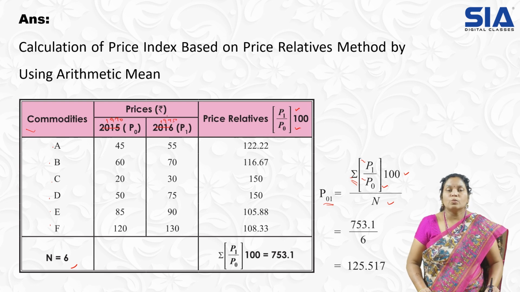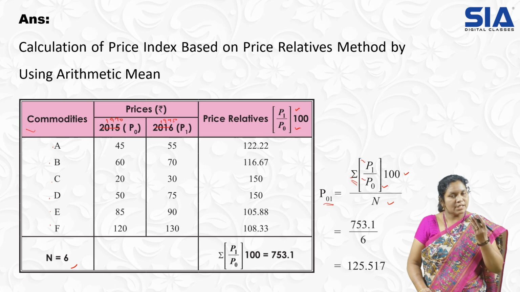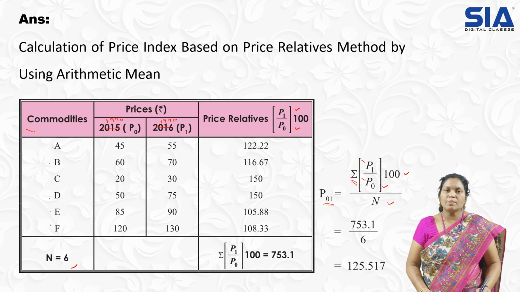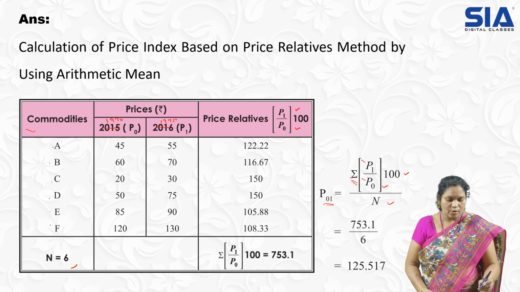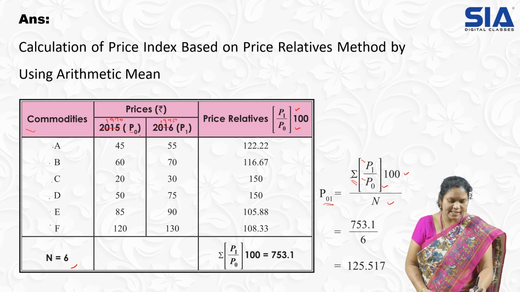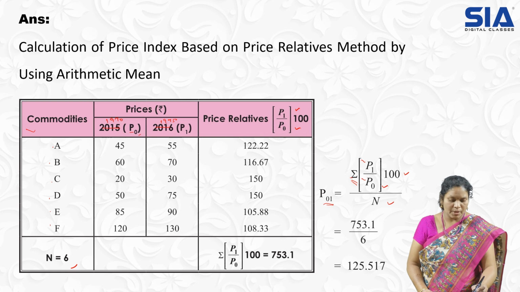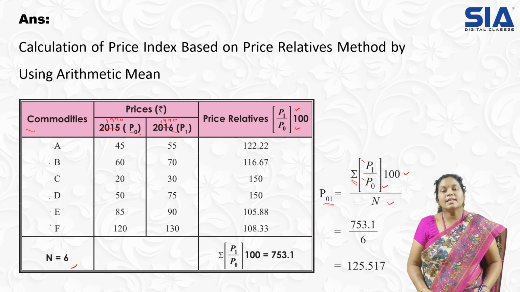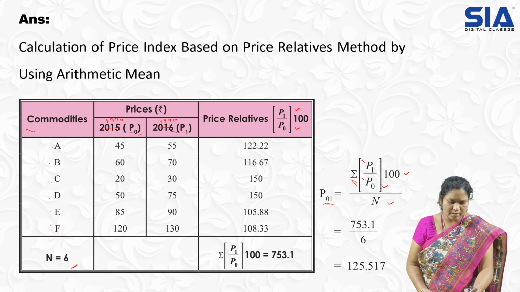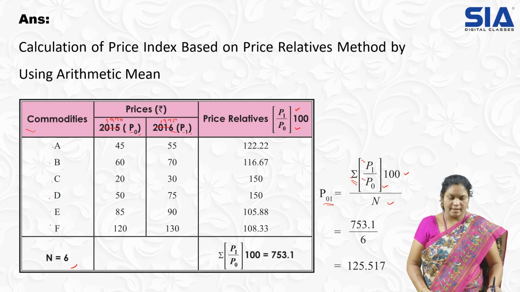The first year, 1970, becomes the base year, and it is under prices. So notation will be P for price, 0 for base year. So P0 is the notation. Now 1975, the next year, we call the current year. So its notation is P for price and 1 for current year. So P0, P1 notations we have obtained.